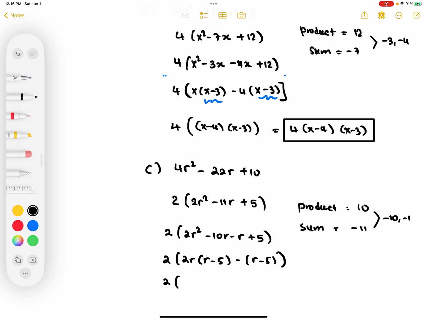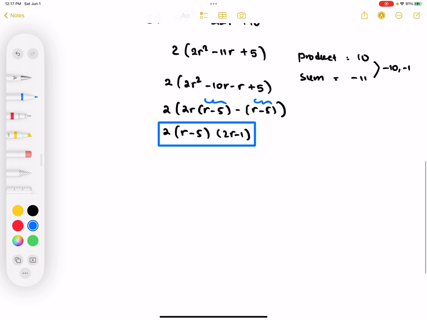Do you see r minus 5, r minus 5? Again, it is a common factor. So I can write r minus 5 times 2r minus 1. So this is the factorization of the polynomial given by 4r squared minus 22r plus 10.